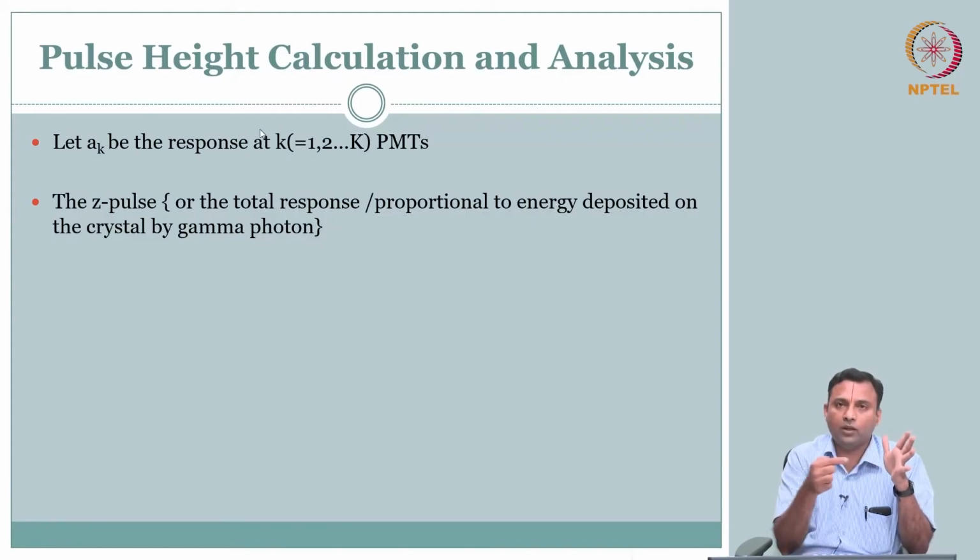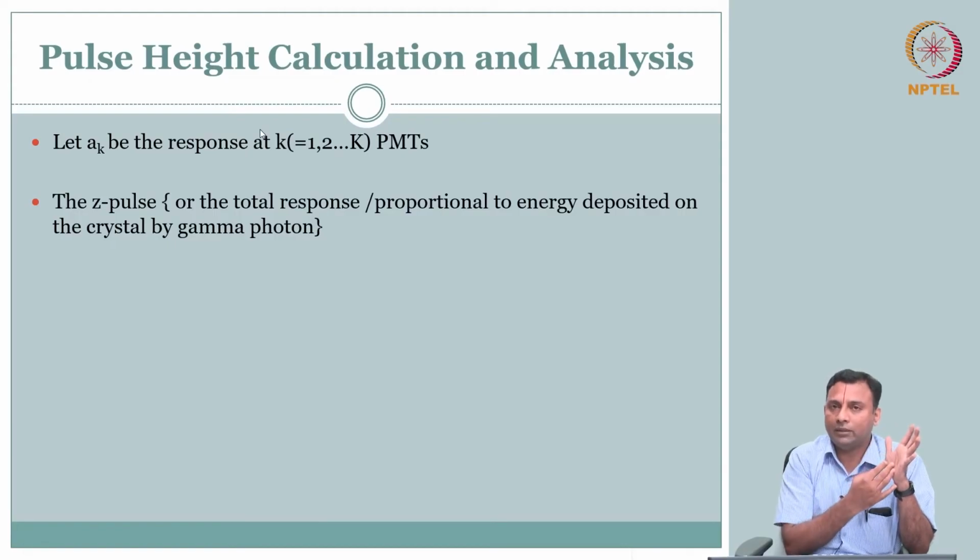The closest one, or the one that is straight, will get the maximum intensity, and the rest of them will also get some, because there is a spread that is happening, right. There is an interaction, Compton scattering. So the maximum will be at the center or the closest straight photomultiplier tube, but the rest of them will also get something.